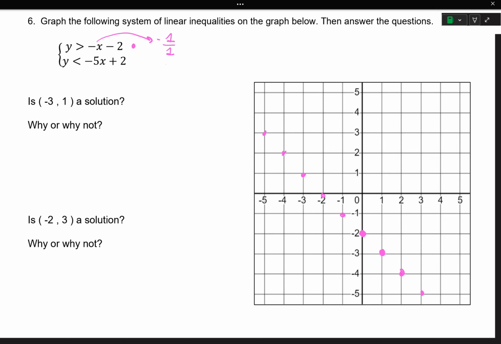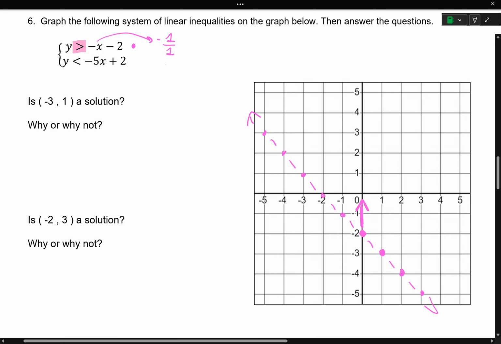Okay. We have a greater than symbol, which means I'm going to have a dashed line. Because it's greater than, I'm going to be shading above the y-intercept.